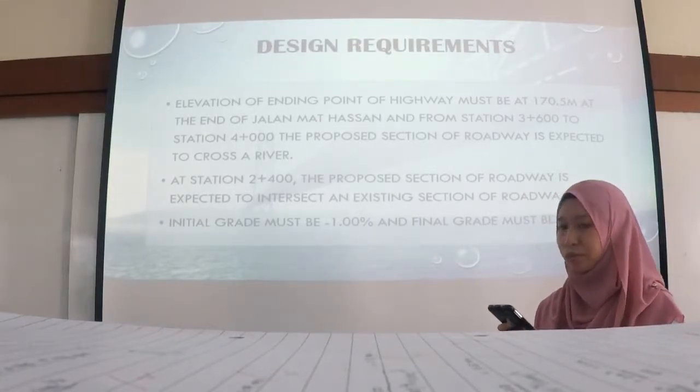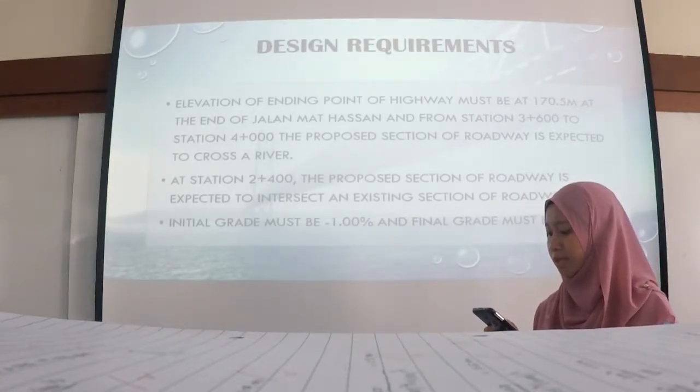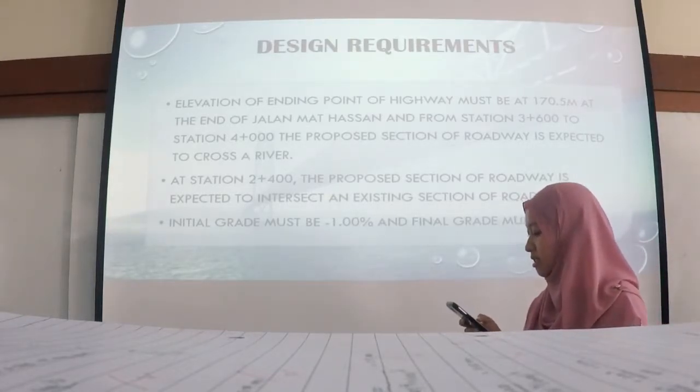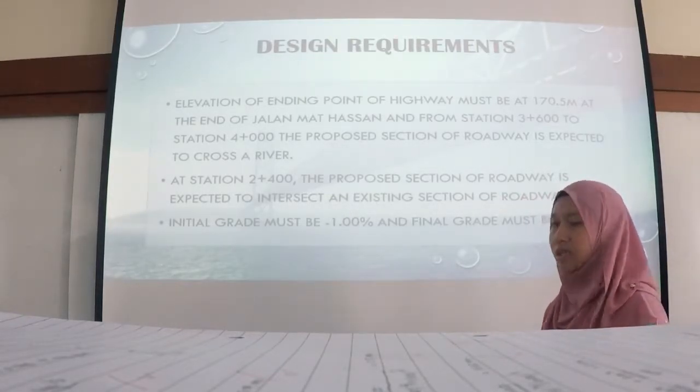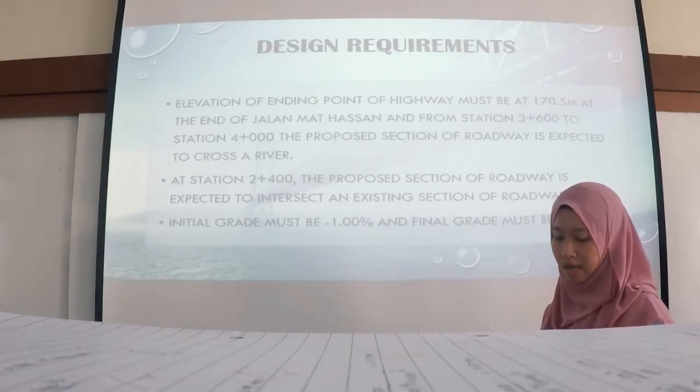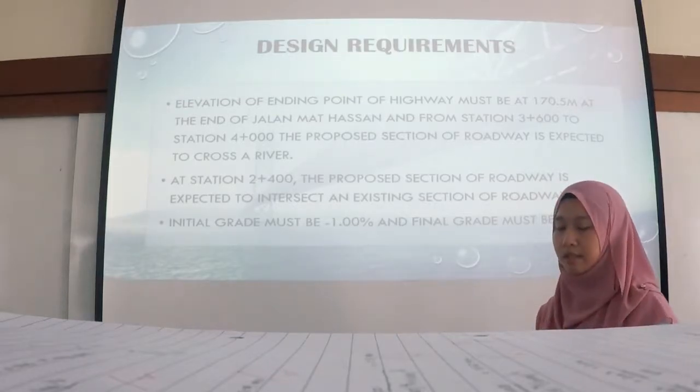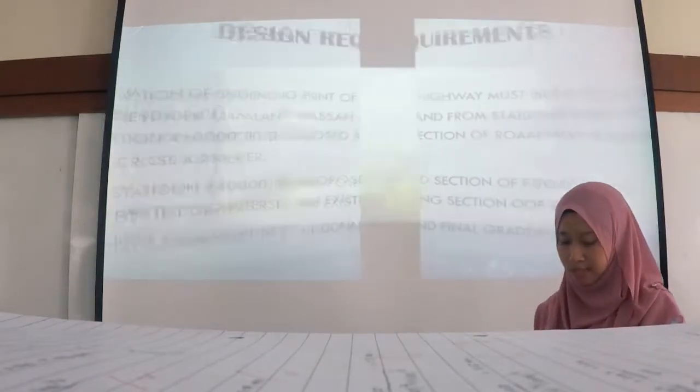At station 2+400, the proposed section of roadway is expected to intersect an existing section of roadway. The initial grade required is negative 1% and the final grade must be negative 1.5%.